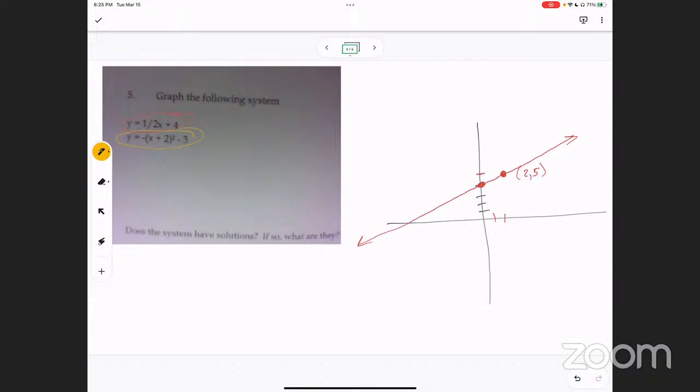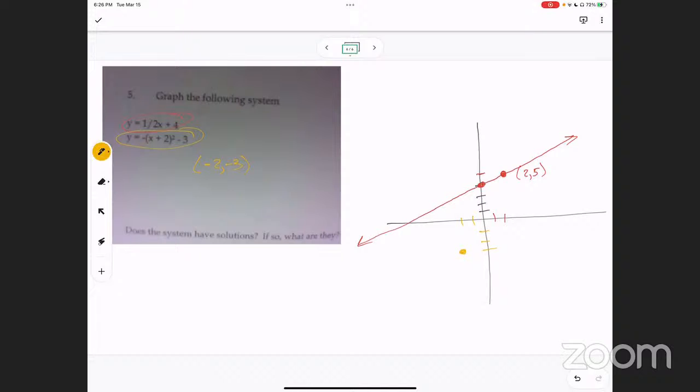And then you plot the vertex, which is -2, -3. Good. -2, -3. There's the vertex. And is it opening up or down? Up. Careful. Oh, wait. You see that -a there? Oh, okay.